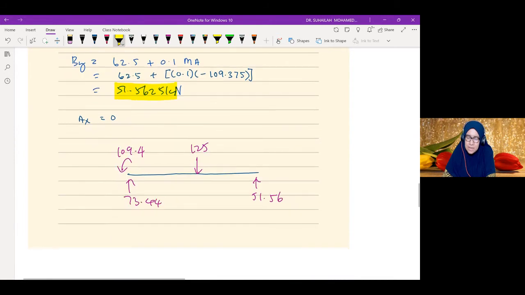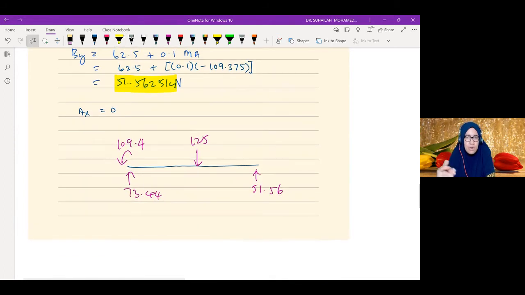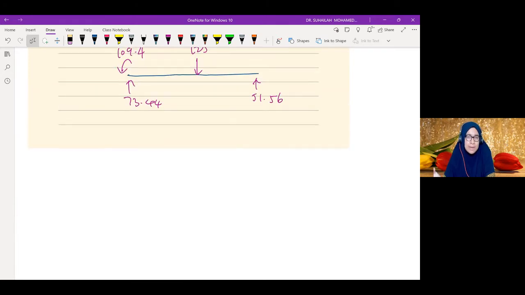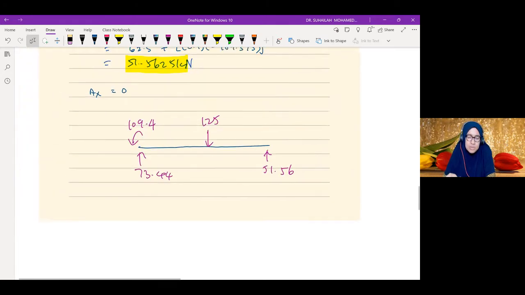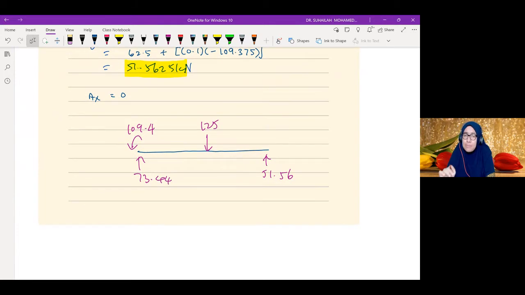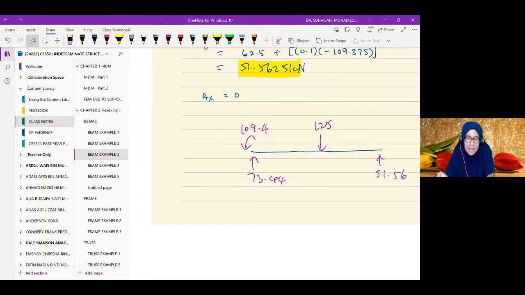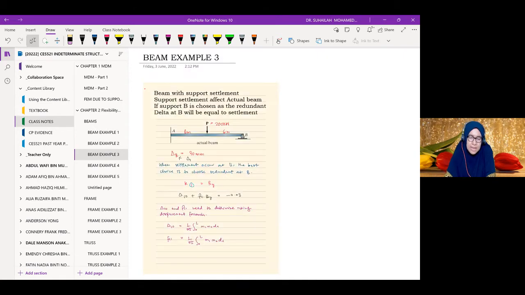And lastly, we can transfer all the remaining reactions and the redundant into the diagram, and we can continue to draw the shear force diagram and bending moment diagram. Okay, so this is whenever we remove moment at A as redundant.